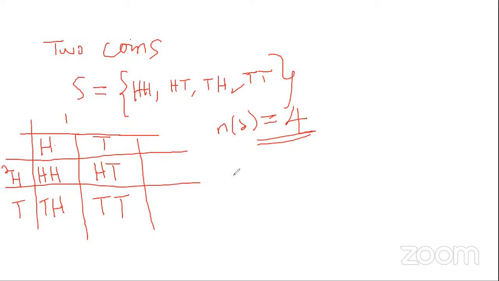Now, if we wanted to get the probability of getting only heads, okay? What would that be equal to? Of getting all of them being heads, you toss, the first one is a head, you toss again, the second one is a head.